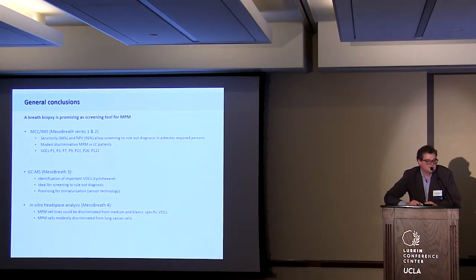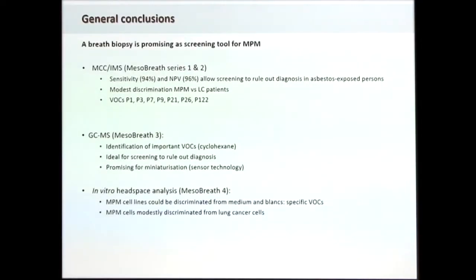Again, we have seen in the first 2 studies a modest discrimination between mesothelioma and lung cancer patients, but given the fact that we did get some discrimination between both, there must be something that's tumor-specific. We have also seen that in the in vitro situation, and we have found some interesting compounds with the ion mobility spectrometry technique. With our GCMS, the gold standard, we have identified compounds. Indeed, cyclohexane also came up again.